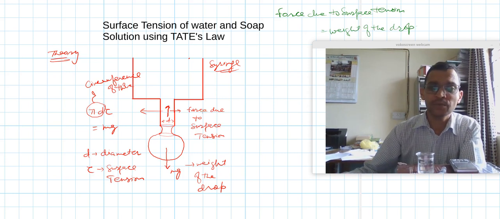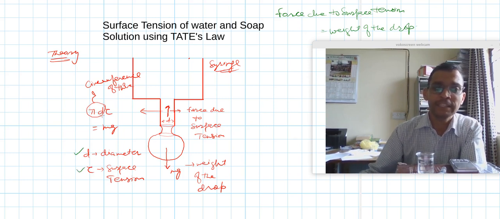So what is the force due to surface tension? It is pi d tau. Here d is the internal diameter, tau is the surface tension, and pi d represents the circumference of the tube. This circumference will remain as it is.